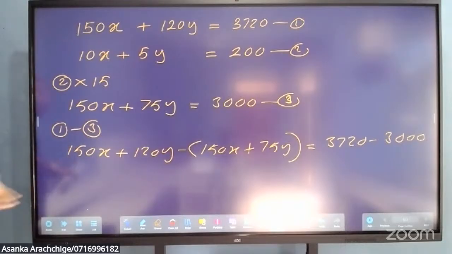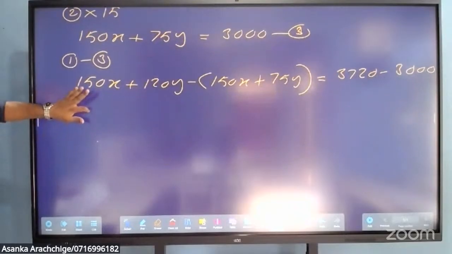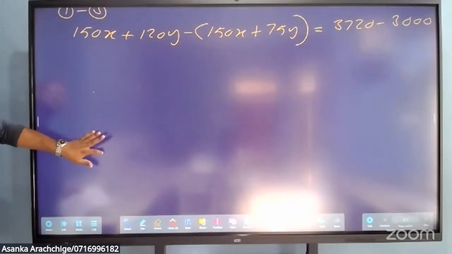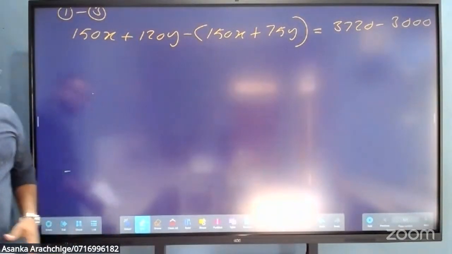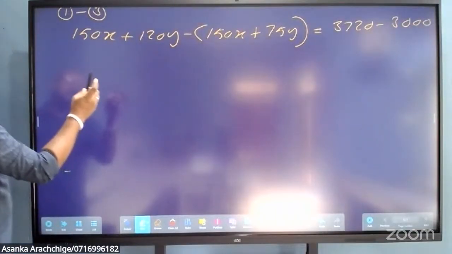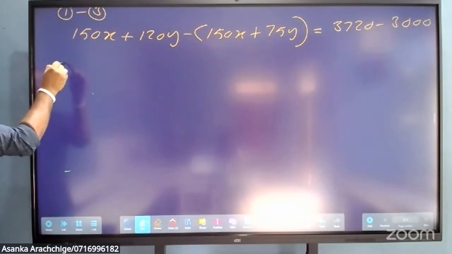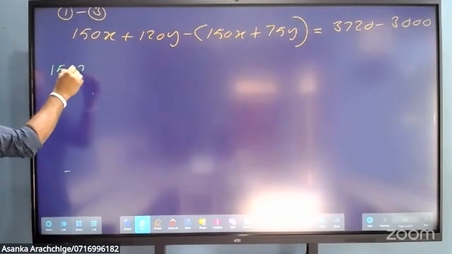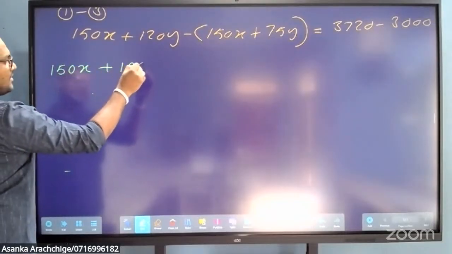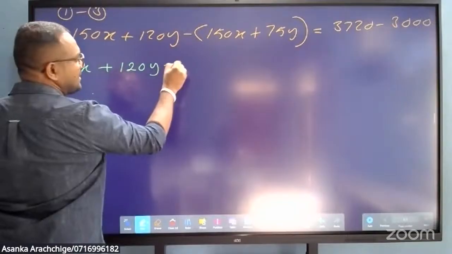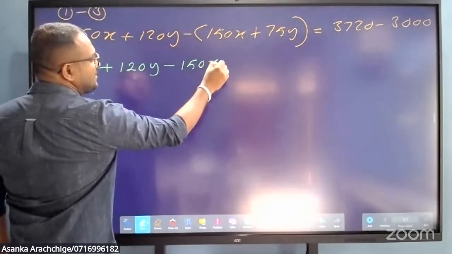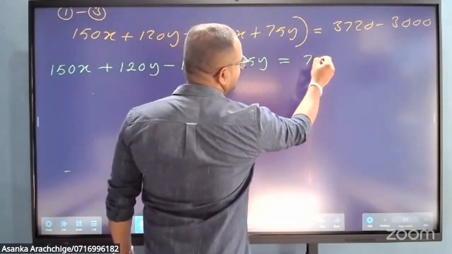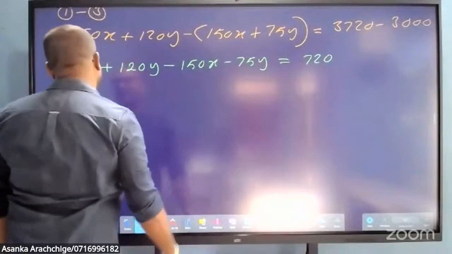හරි. Now let's remove the brackets. 150x plus 120y minus 150x minus 75y is equal to 720.